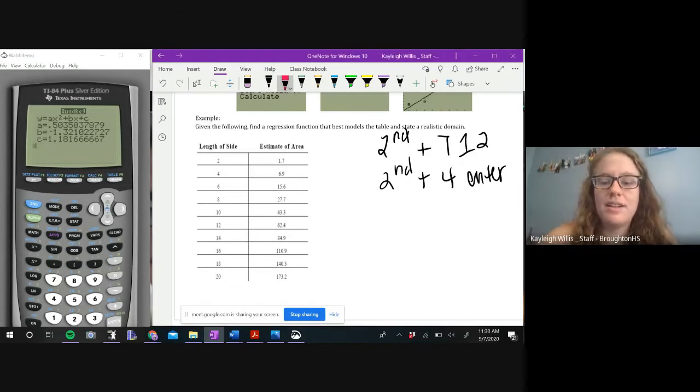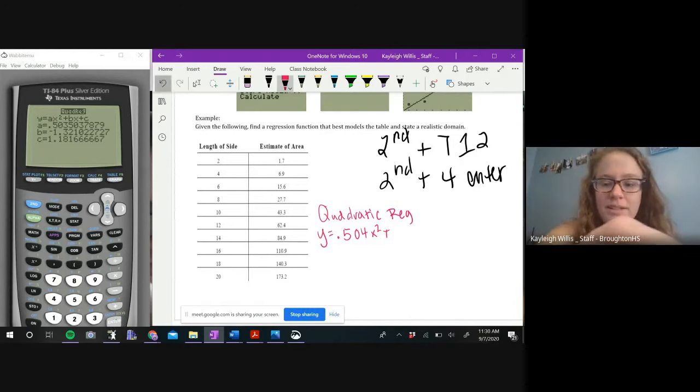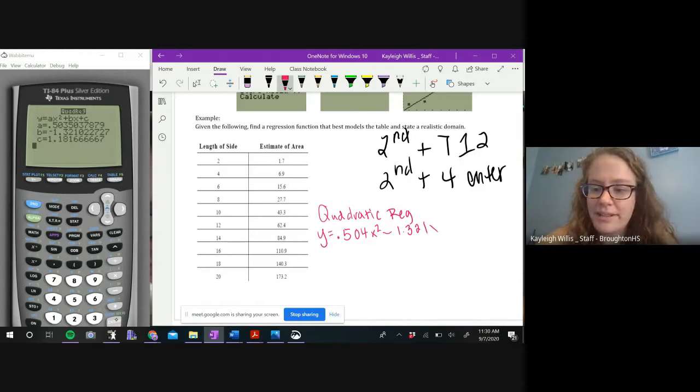So we decided a quadratic was the best model, and I would write, and I'm just going to round to the thousandths place, is usually what I say, 0.504 x squared plus the b value, it's a minus, so I'm going to erase that plus sign and put minus 1.321 x, and then plus your c, which is 1.182. All right, they gave us the standard form of a quadratic.